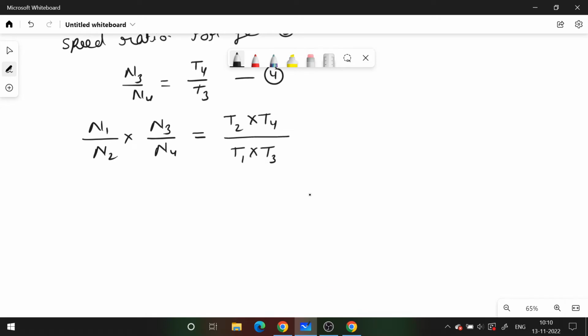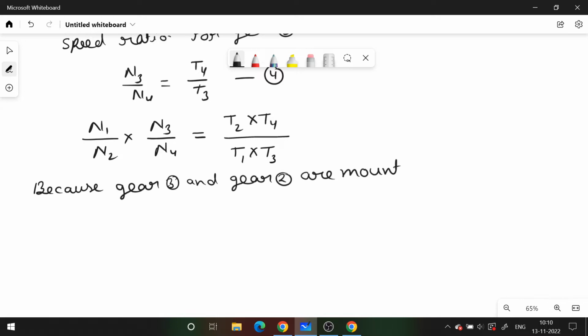Here gears 2 and 3 are mounted on the same shaft, so N2 will be equal to N3, the speed of gear 2 equals the speed of gear 3.